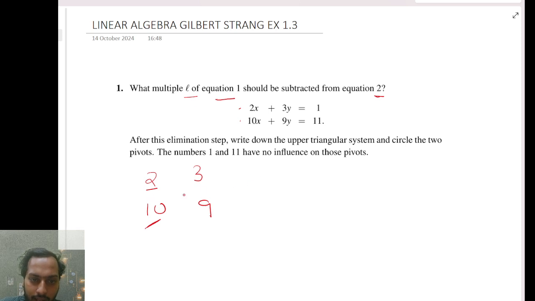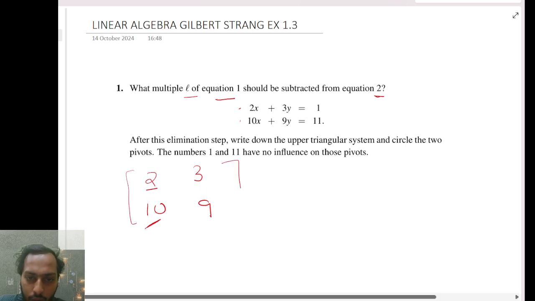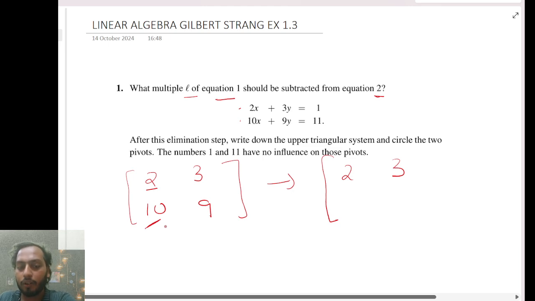So this is my first row. Now I am going to take 5 times the first row and subtract it. The first row will remain the same, and if I subtract 5 times the first row, it will become 0 here, right?